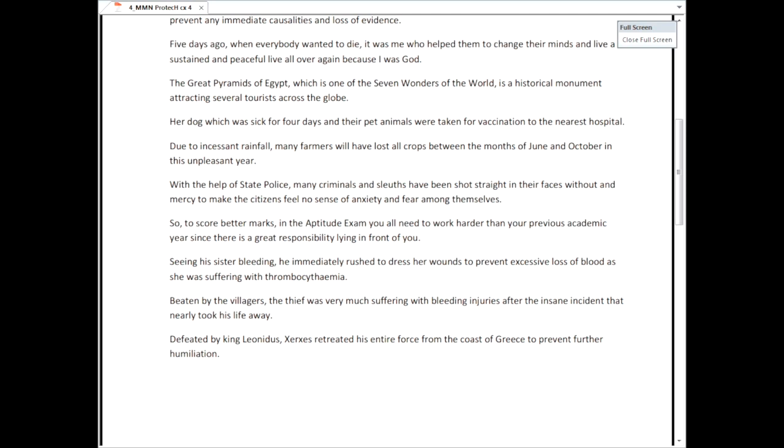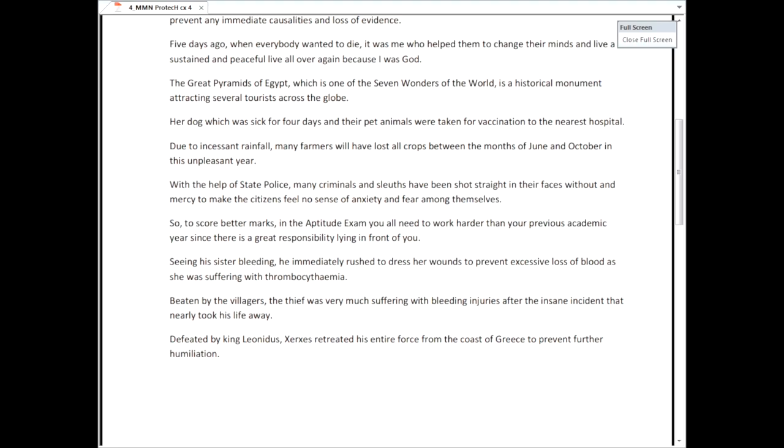So to score better marks in the aptitude exam. The phrase goes up to here. Now there could be some commas which can mislead you. But understand. See, do you see "you" here?